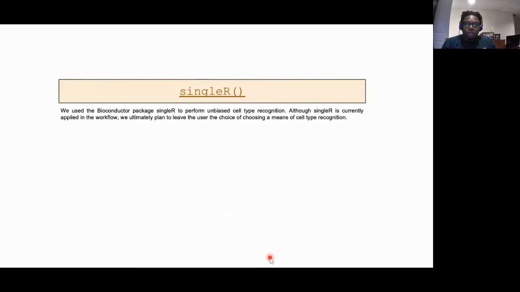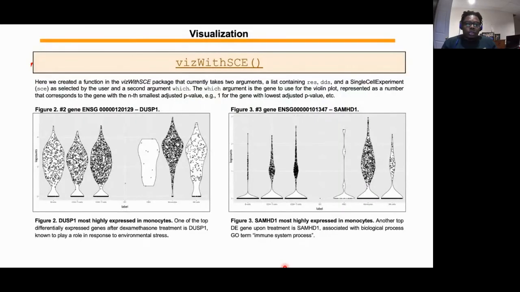Although SingleR is used in our workflow, ultimately we decided to leave the user the choice of a means of cell type recognition. Along with the integration of a single-cell dataset, a great way to help biologists further analyze and interpret their bulk dataset would be to provide visualizations in the form of plots or graphs.